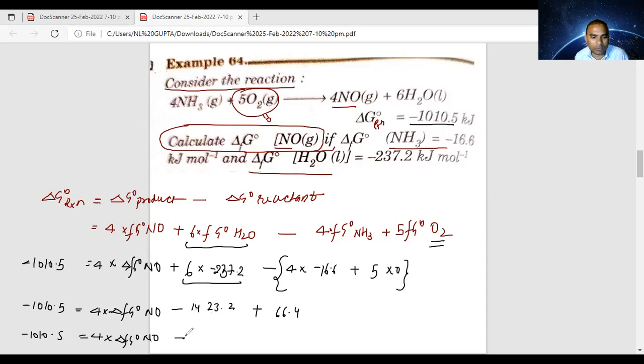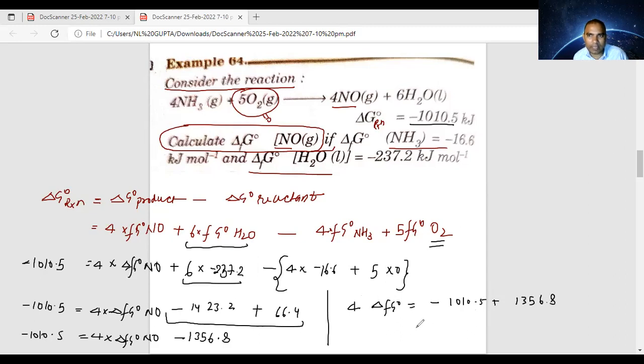If you solve this, the minus sign is larger, so it is minus 1356.8. Now send this value to the other side, and it becomes positive. So 4 into ΔfG° equals minus 1010.5 plus 1356.8.